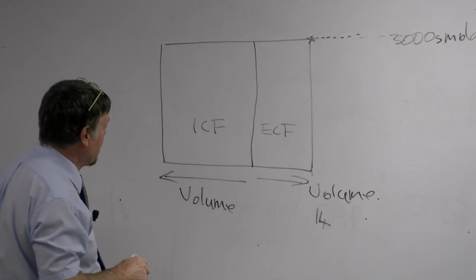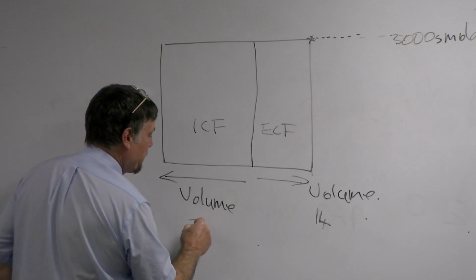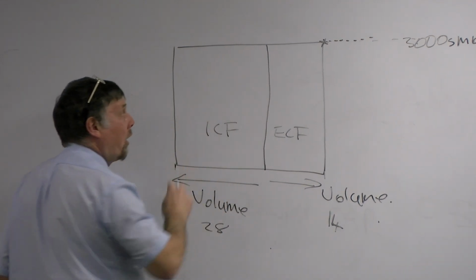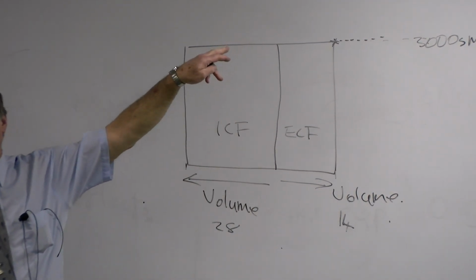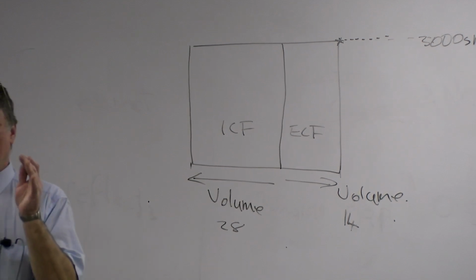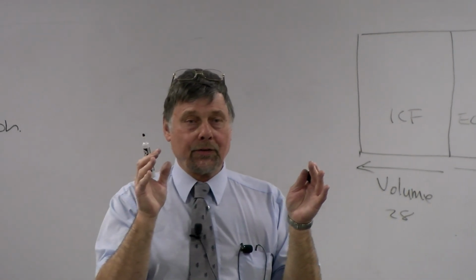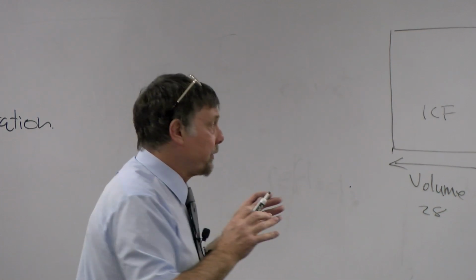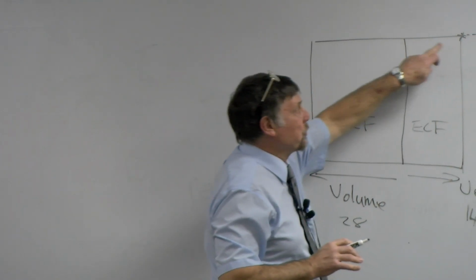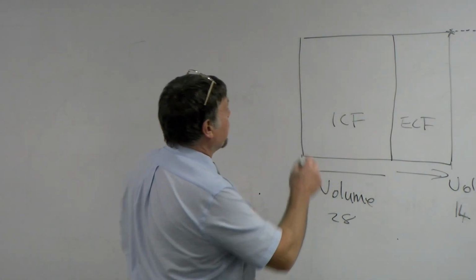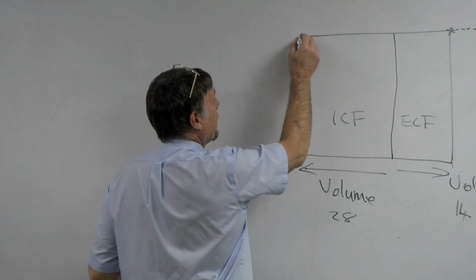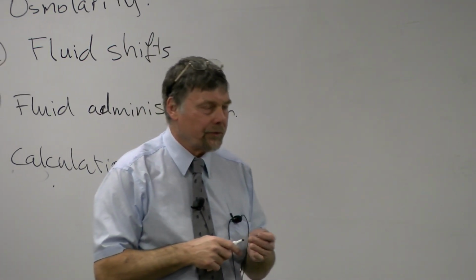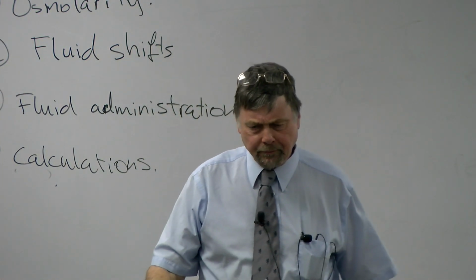And same over here, let's say we've got a volume of 28, and the osmolarity should always balance, such that inside and outside of cells are always in osmotic balance. So this line is always straight across here. So this is also 300. This is 28. It's basically like plotting two graphs back to front. So how can we use that?